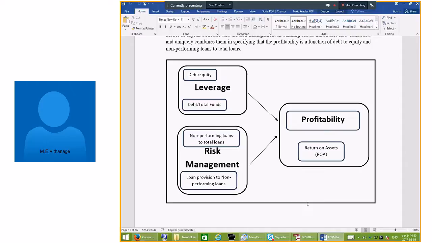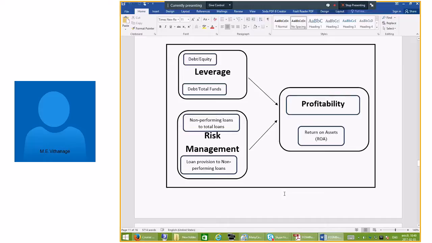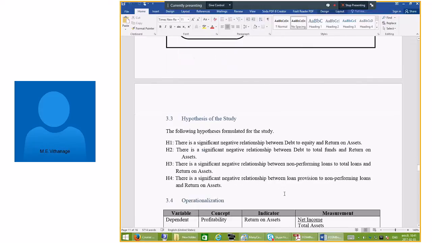Earlier I had taken many dependent variables, and there may be a conflict because I have to run a multiple regression. That's why you told me to apply only one dependent variable. Accordingly, I have taken return on asset as the dependent variable.